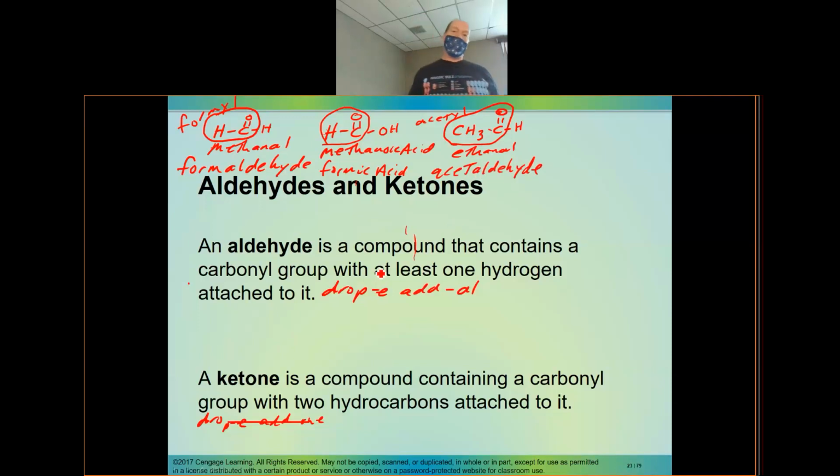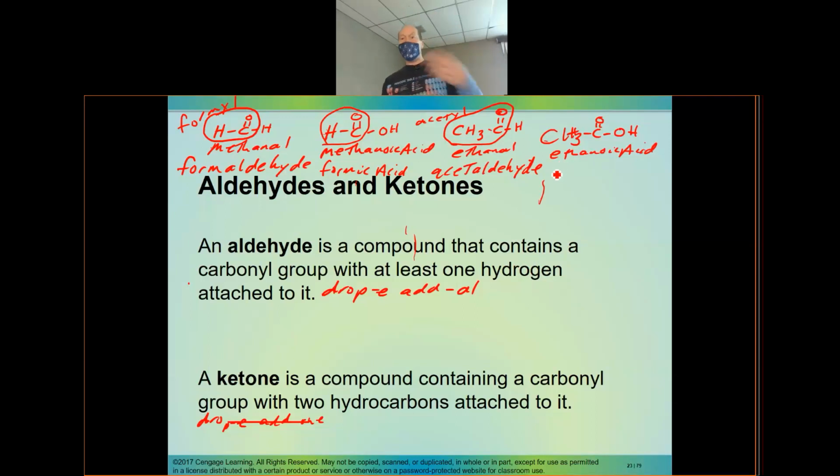So you have formaldehyde, you have acetaldehyde. And when we go to its corresponding carboxylic acid, this is ethanoic acid. The longest carbon chain is 2. You drop the E and you add oic acid.